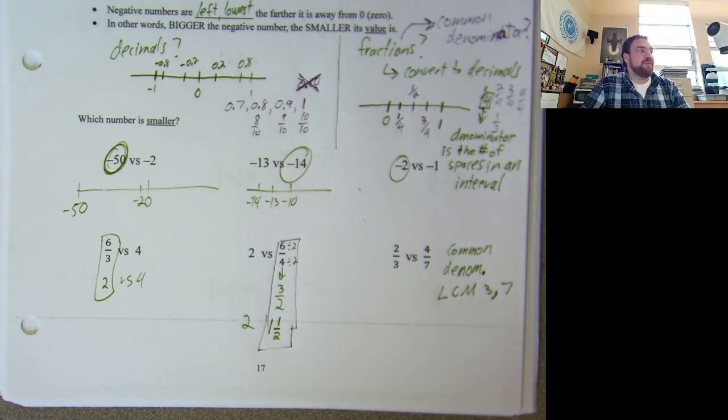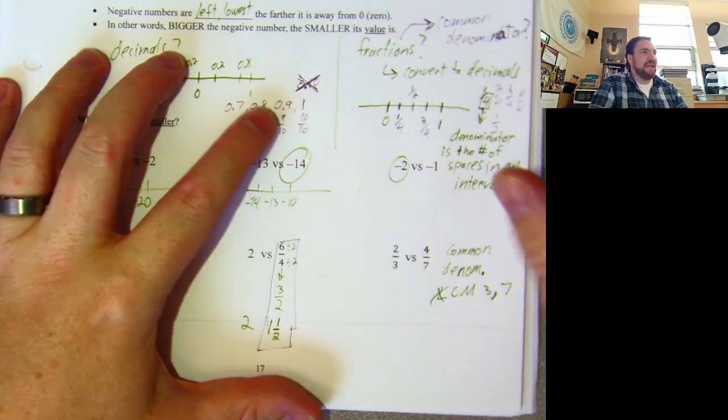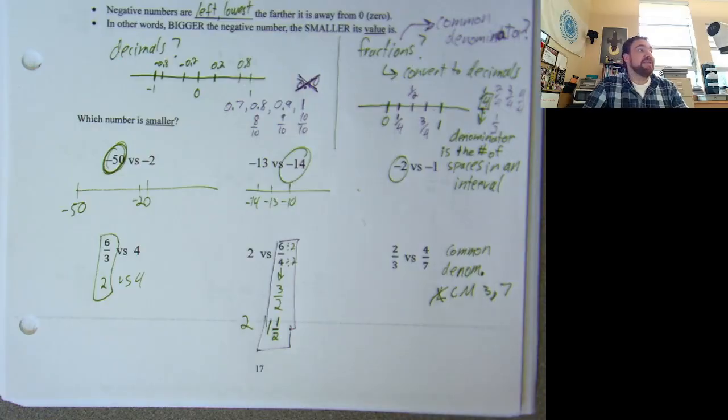The least common multiple is the smallest number 3 and 7 both go into. And you know what? We don't even need the least. It just needs to be a common multiple. A really easy way to find a common multiple, Guntas, is to do what? Multiply those two numbers together.